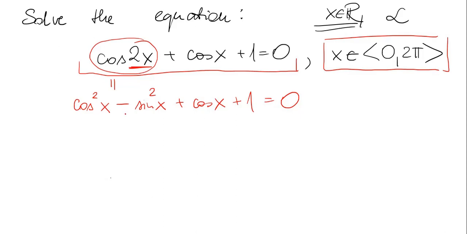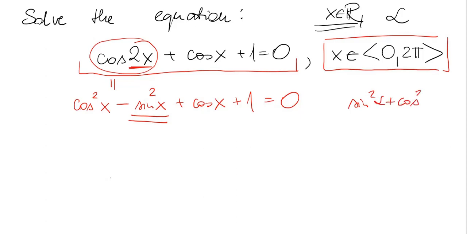Okay, and at this moment we can't really do much, but we can get rid of one of the functions because we have cosine and sine, and it will be so much better if we have only one function. So let's substitute sine, because we have two cosines, so let's substitute sine by cosine using this formula.